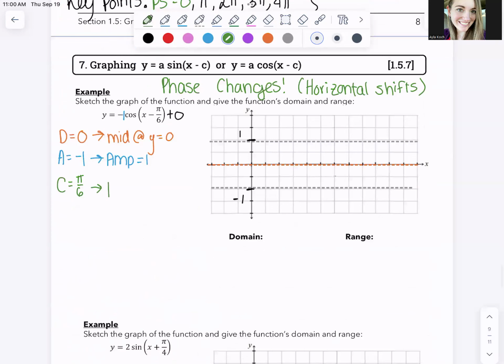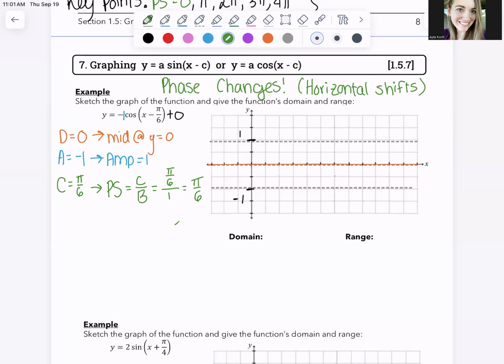The phase shift is equal to C divided by B. So C is pi over 6. B is going to be 1. So this is pi over 6 over 1, which is just pi over 6.